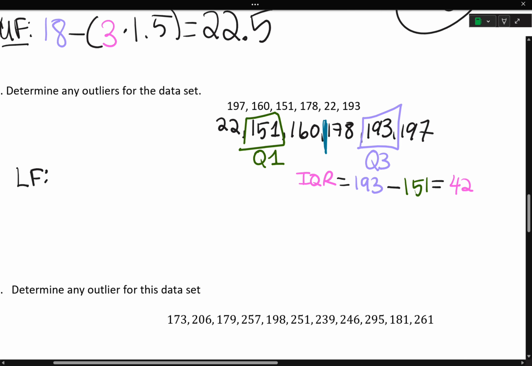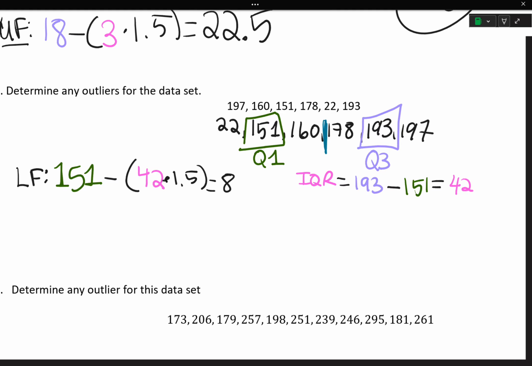The formula for the lower fence starts with quartile 1, so 151, minus our IQR, 42, times 1.5. When I put that into my calculator, I get 88. Is there anything on this list that's smaller than 88? Yes, we have a 22.